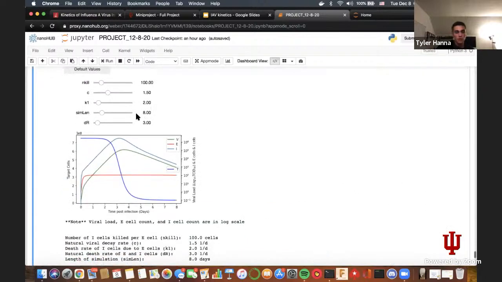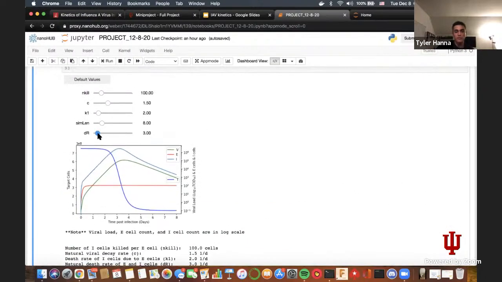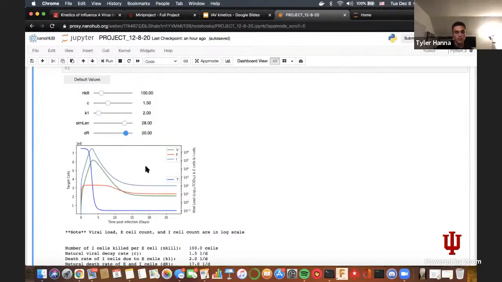And here, DR represents our parameter D, which is the natural death rate of effector and infected cells. Increasing the death rate is going to shorten the length of the infection.